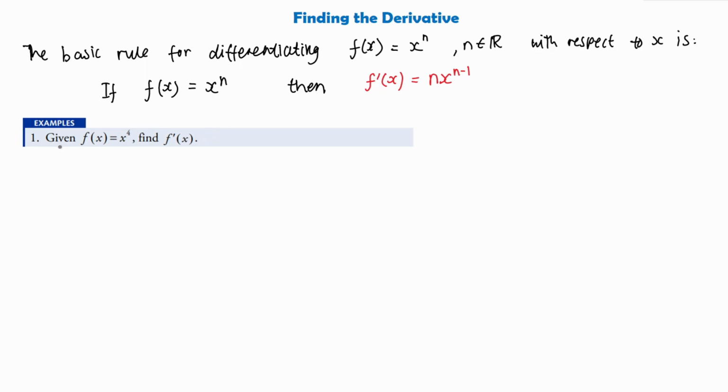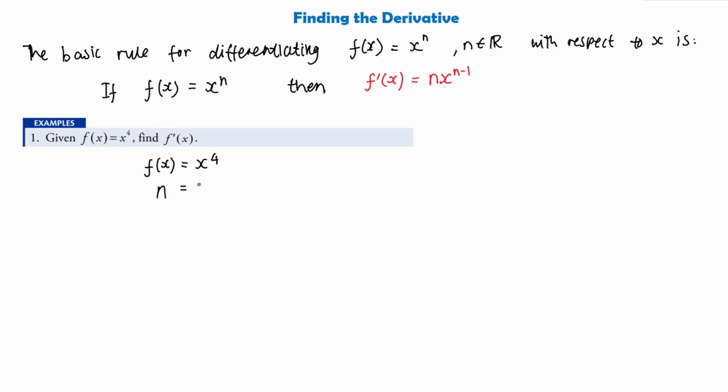In this case, we are told that given f of x equals x to the power of 4, find f dashed x, which is the derivative. Now I'm going to do this in a bit of a more in-depth process, but usually you should be able to just do one line of working for this. But to help us understand what we are doing, I'm going to start off by writing that our f of x is equal to x to the power of 4, which is in the form of x to the n.